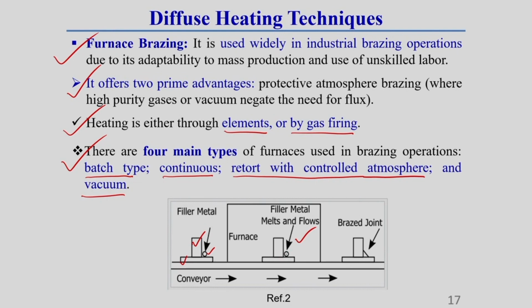After that, due to capillary action, this filler wire spreads in the joint section, and once the filler wire has melted, the assembly is removed from the furnace. You see the continuous arrow I am showing, and outside, this is the braze joint. It cools down and makes the joint like this.